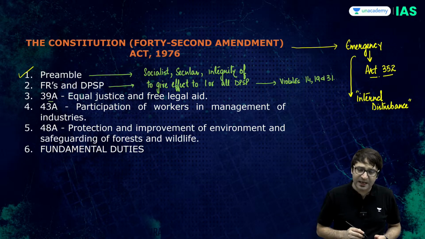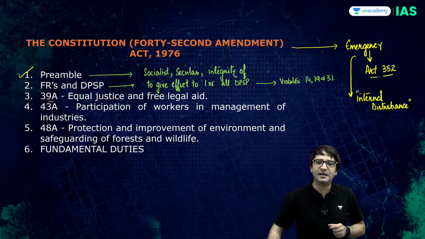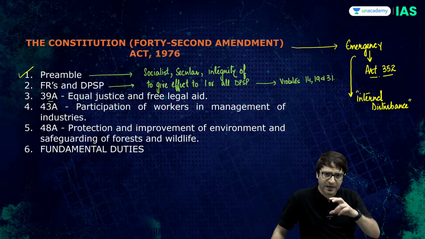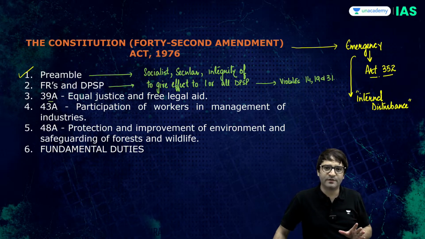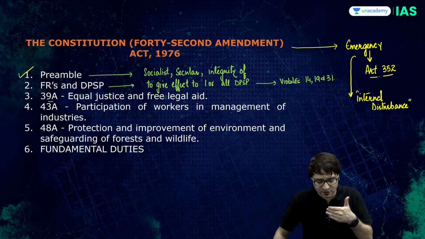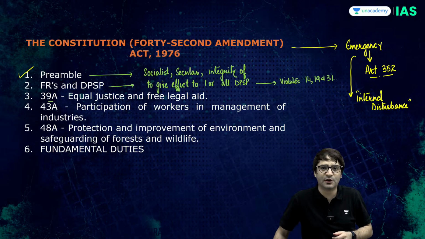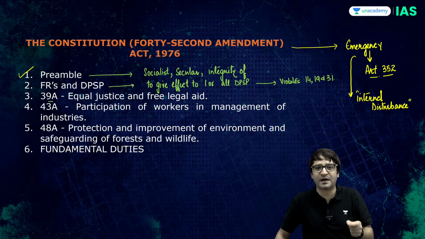Article 39A got added, which talks about equal justice and free legal aid. Something which we have discussed in the Conquer Prelims as well, where I spoke about Project 39A of the National Law University in Delhi. 43A, which talks about participation of workers in the management of industries, which was the question asked in one of your prelims examinations, something that we discussed at the start. 48A, protection and improvement of environment and safeguarding of forests and wildlife.